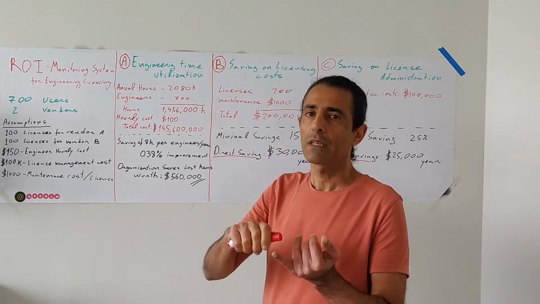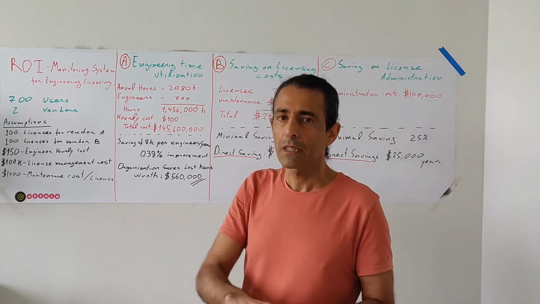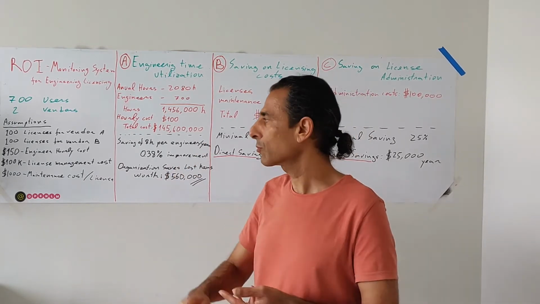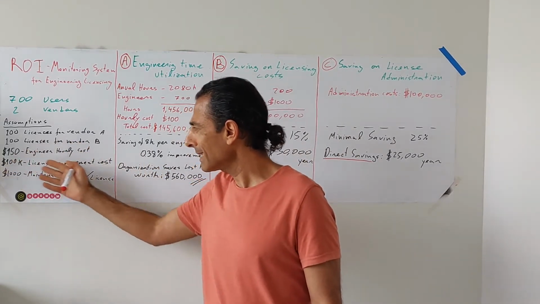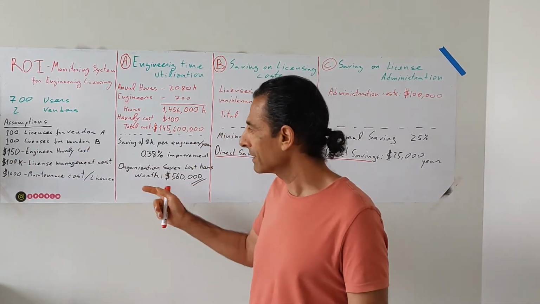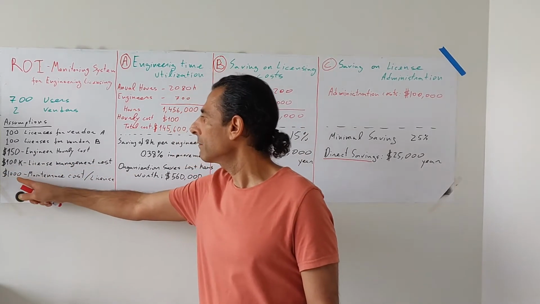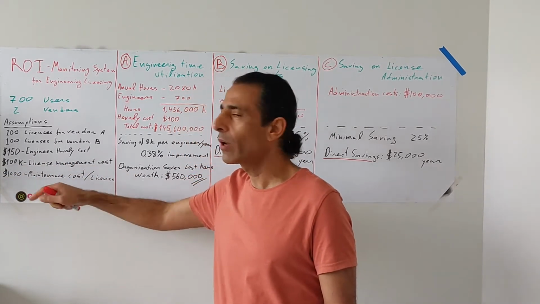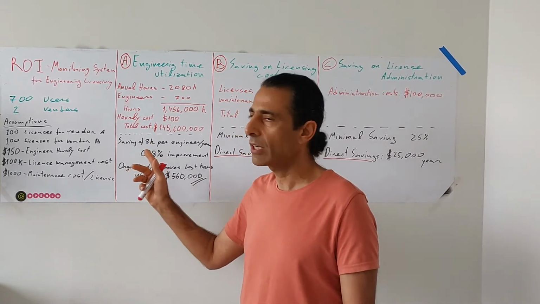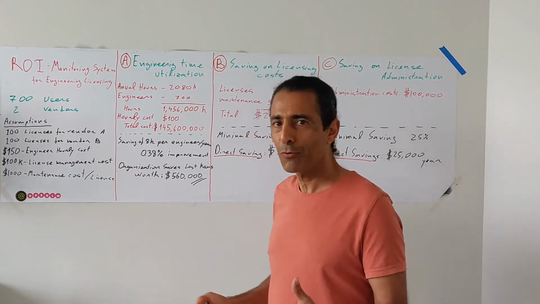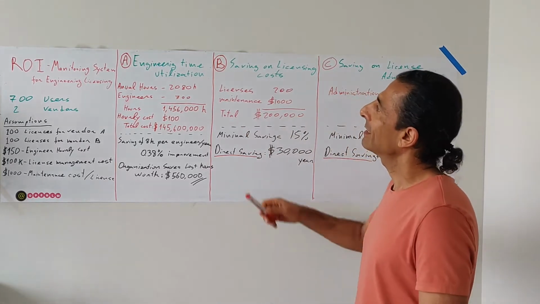It includes installation, consultants, software, everything. So that's also minimalistic. And we took an assumption of $1,000 maintenance costs for each license. So now let's play with the numbers.